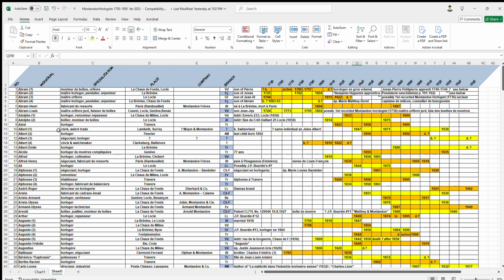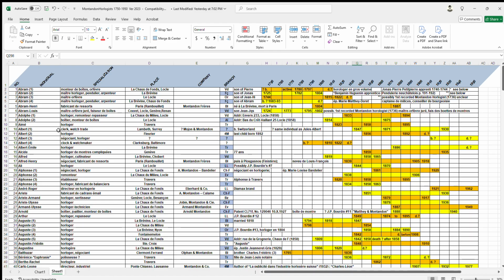Now we have the individual's name, and we have their specialization. And this is their watch specialization. Were they a watchmaker? Now, watchmaker itself is a very wide term. So oftentimes, if we have more pertinent information on what their specialization was, then that is also included here.